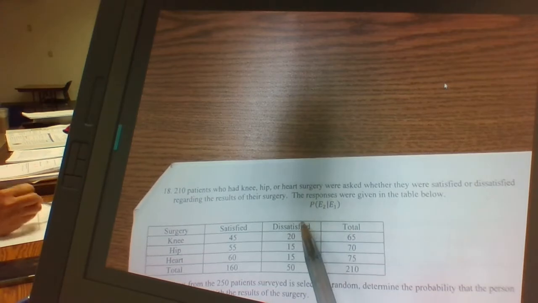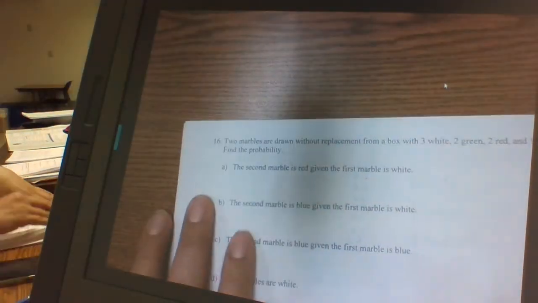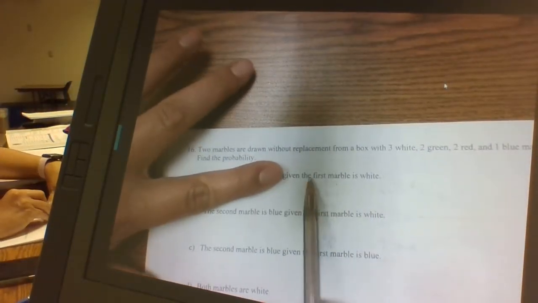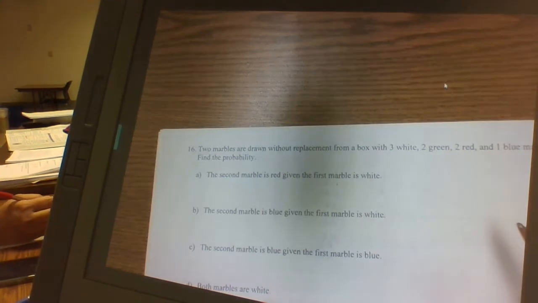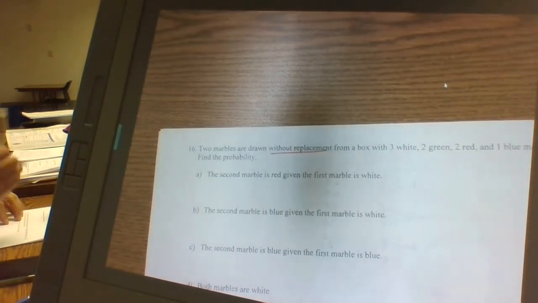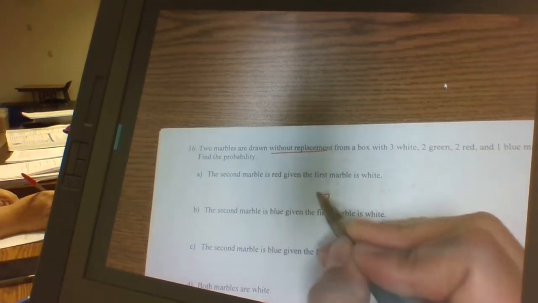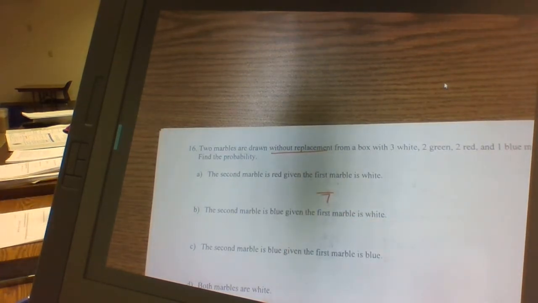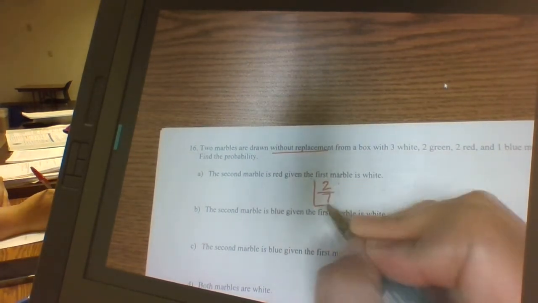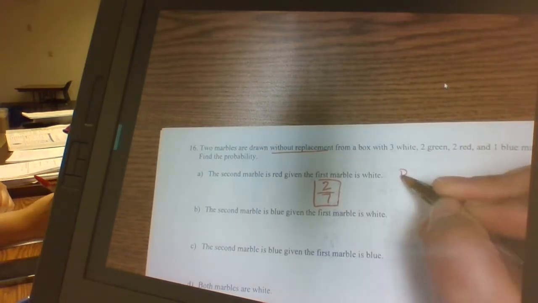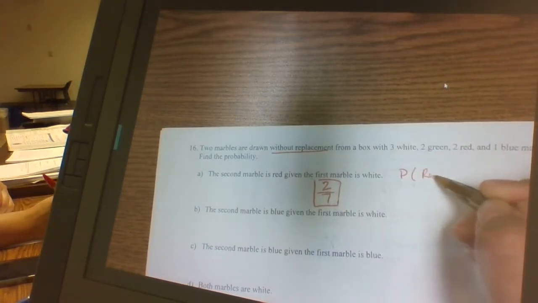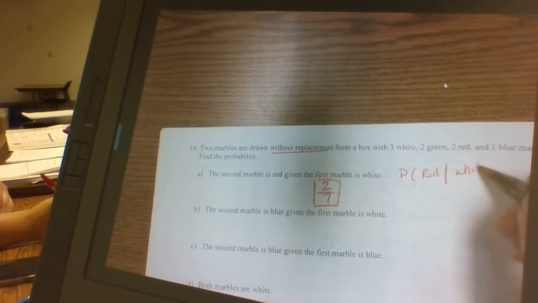What is the probability that the first marble is white? 3 out of 8. So that already happened. How many marbles are left? 7. Out of those 7, how many of them are red? 2.